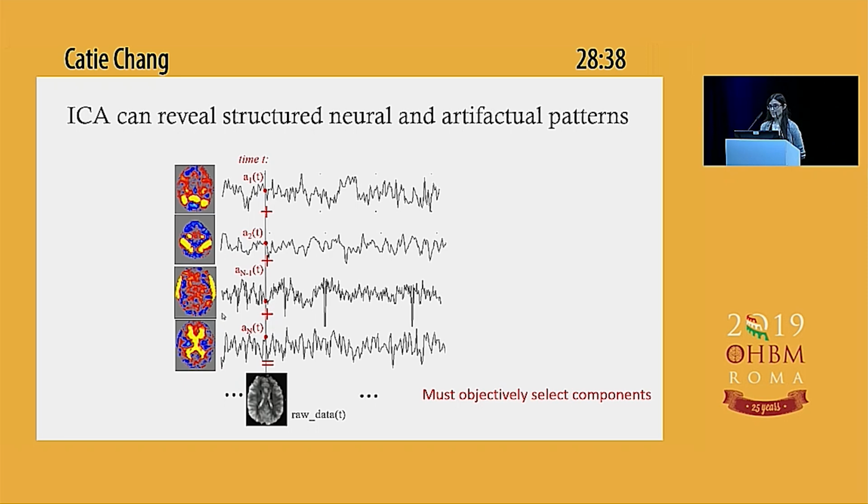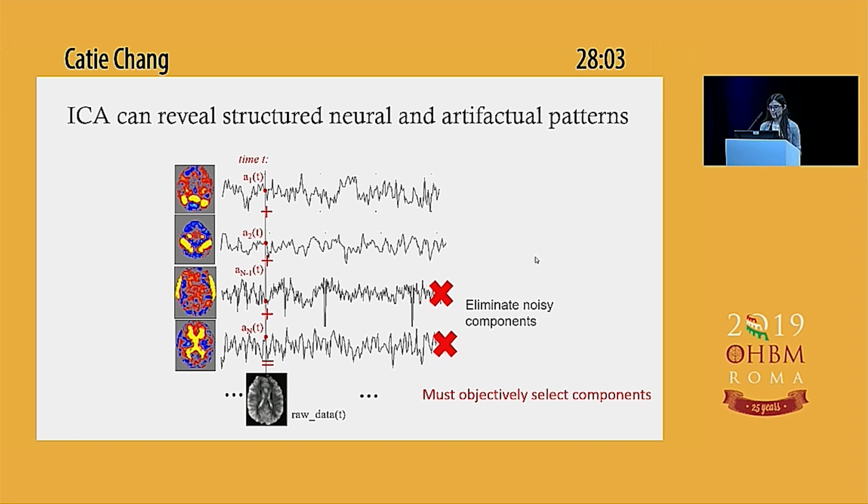And so ICA is actually a really nice way of visualizing the underlying structure of our data, not just for neural patterns, but potentially for identifying artifactual patterns, and maybe ones that we would not have suspected were there before. Maybe something weird happened during the scan, and we can see that with ICA. Some approaches that are used: you can choose one or the other to focus on in your analysis, or you can try to denoise your data by choosing components that you think may be noise, and then eliminating those and reconstructing a cleaner data set.